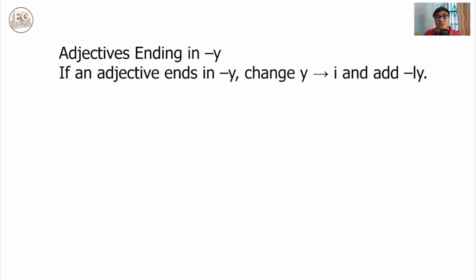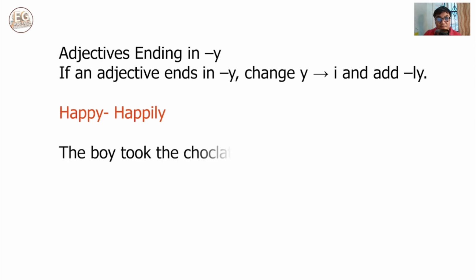Yes, we form the adverb by replacing y with i and applying ly in the end. Like happy. So we have the last letter y here. So y will become i and we will add ly in the end. So it becomes happily. The boy took the chocolate happily.